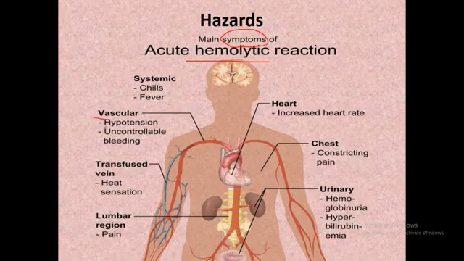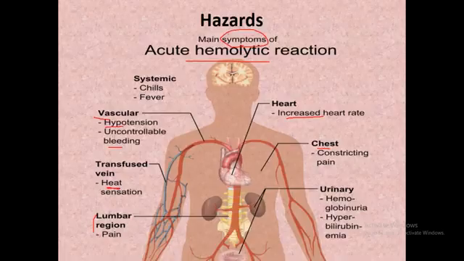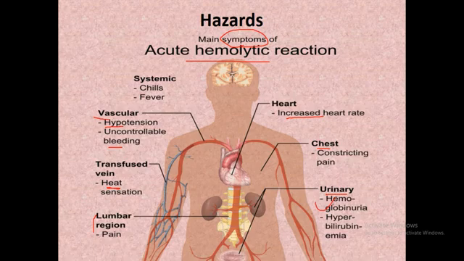Vascular symptoms: hypotension and uncontrollable bleeding. There will be a heat sensation over the transfused veins, and there is pain in the lumbar region. There is an increase in the heart rate, constricting pain in the chest, and urinary system involvement with hemoglobinuria, and the second one is hyperbilirubinemia.